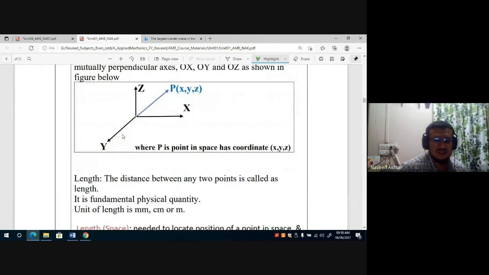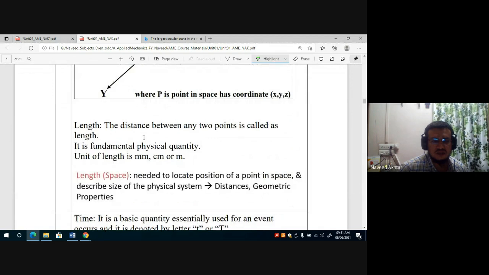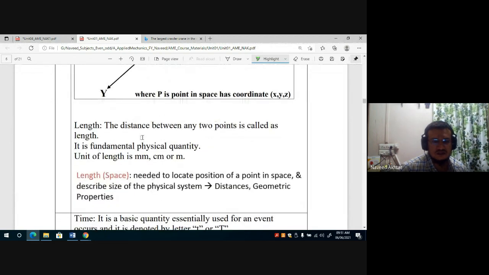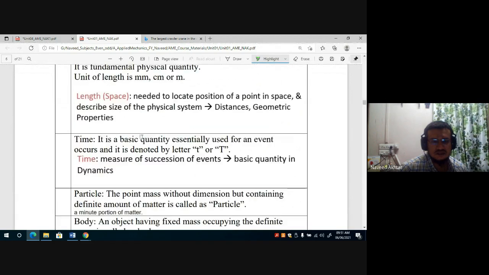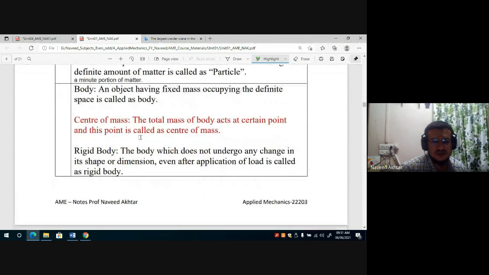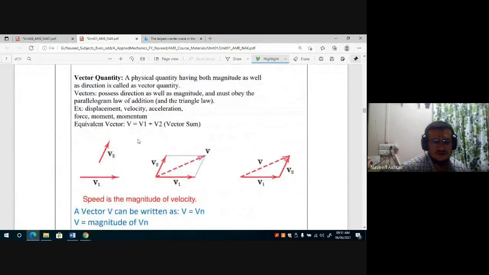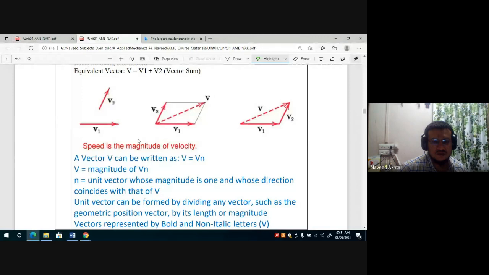Then we have seen the axes in space, the x, y, and z axes, and then the location of point P. Then length, time, and fundamental units we have studied. Then we have studied about force and about the body.